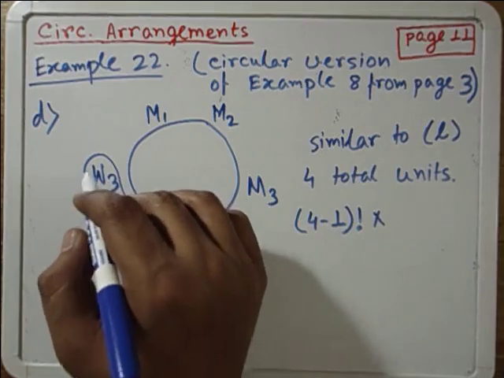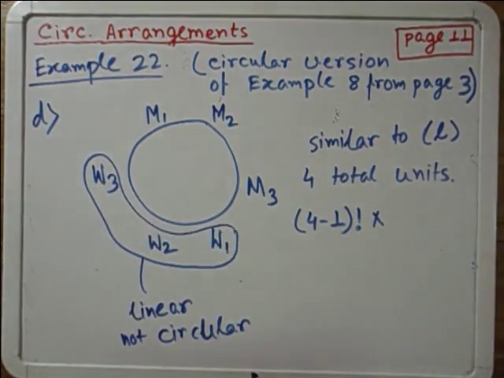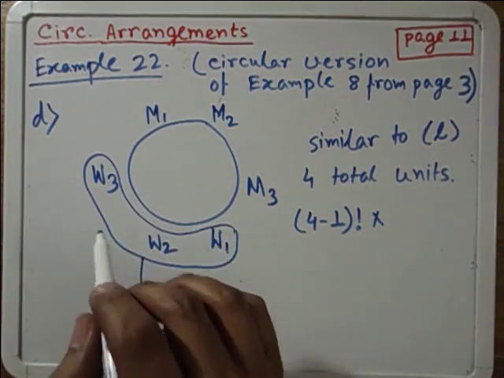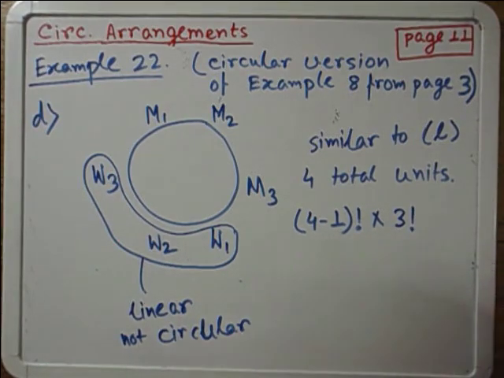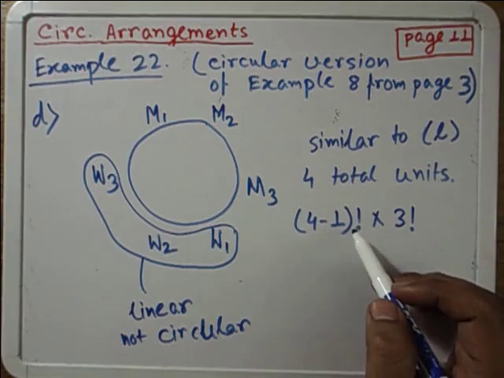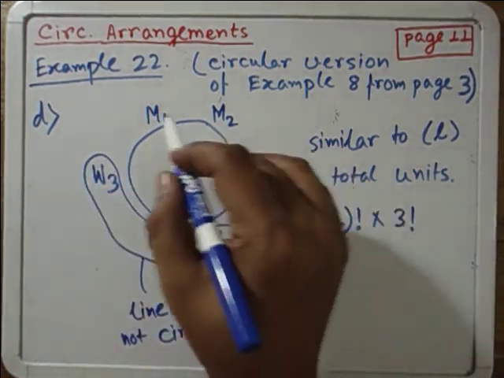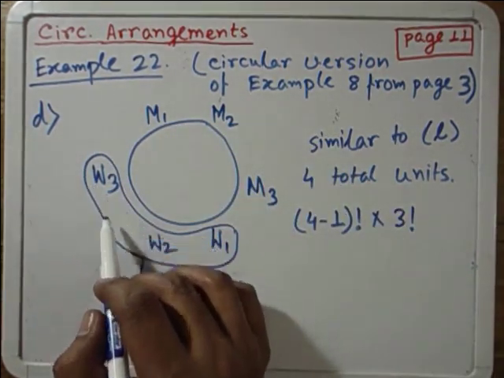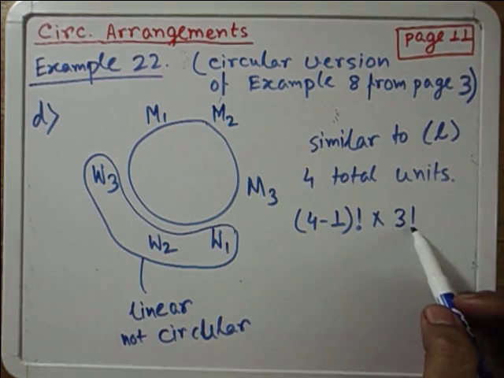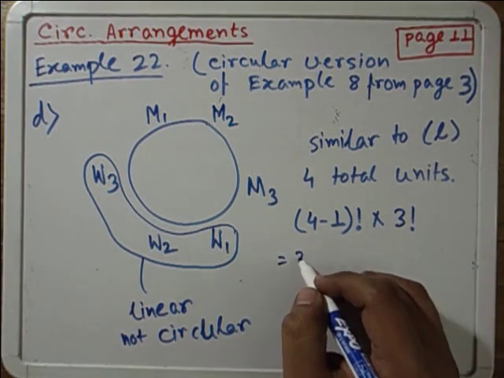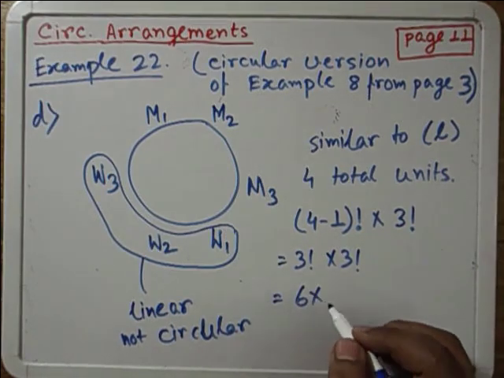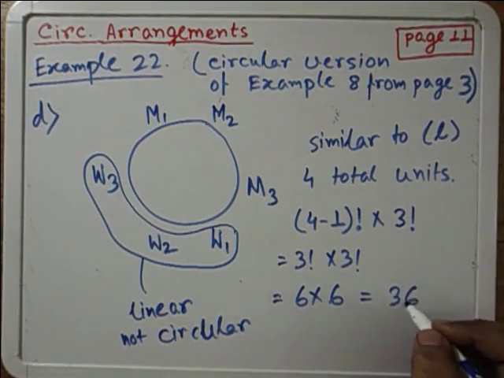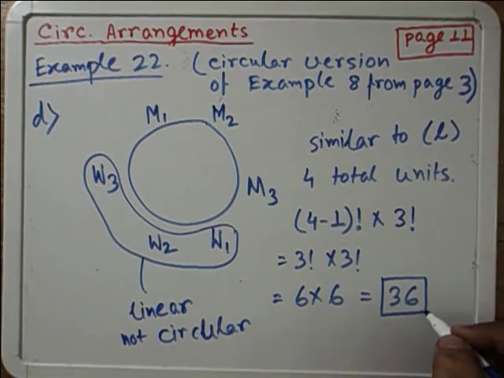Wherever they are sitting, it acts like a linear arrangement. So 3 people in a linear arrangement. The answer is 3 factorial. So 4 minus 1 factorial for all the 4 units, and then when you consider just the women here, that's 3 factorial. So 3 factorial times 3 factorial, which is 6 times 6, 36. That's your answer.